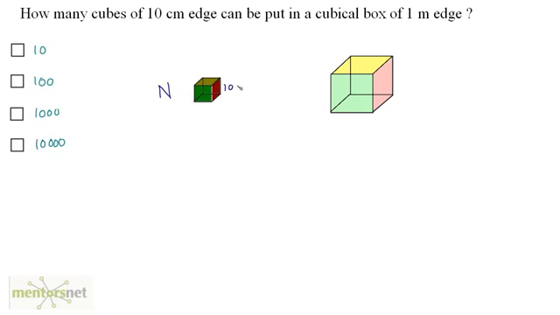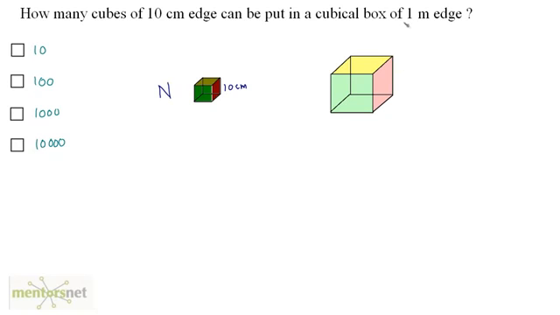How many cubes of 10 centimeters edge can be put into a cubical box of 1 meters edge? Let us say that you have n number of smaller cubes of the side as 10 centimeter, right? And you have to put this n number of cubes in this big cubical box of 1 meter's side.